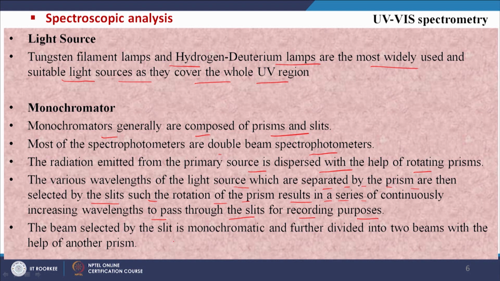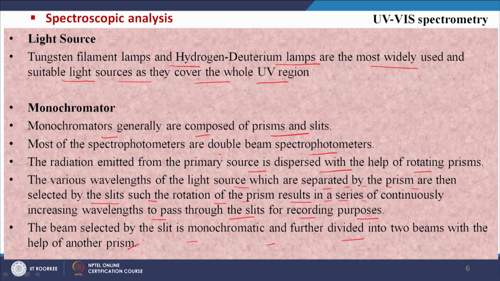The beam selected by the slit is monochromatic and is further divided into two beams with the help of another prism. So, this is how monochromatic light is generated by the use of the monochromator.